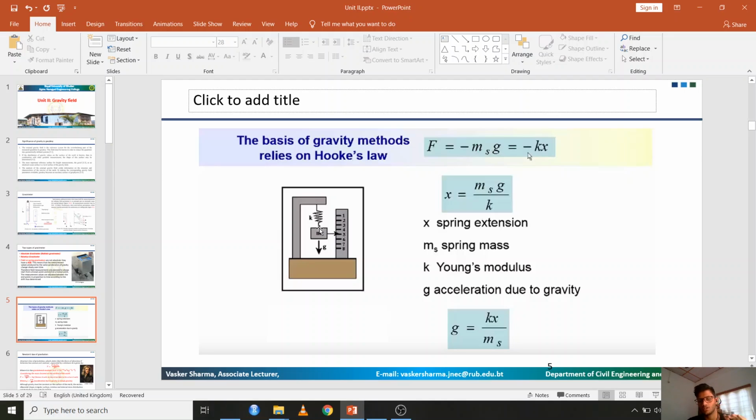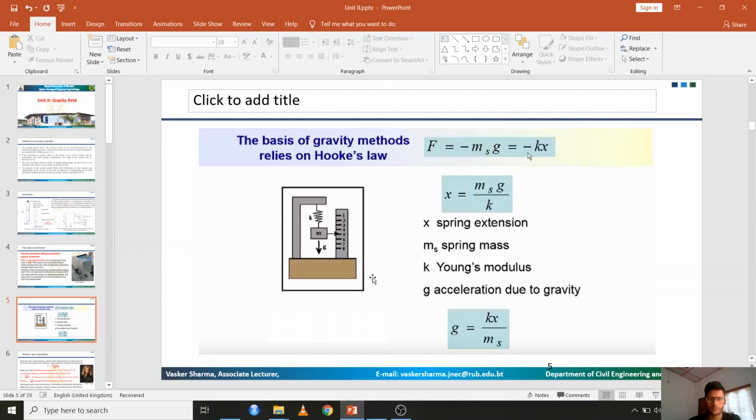So k is known, x is known, and the mass of the spring is known, since it comes with the instrument specification. Relying on these three terms, we get the acceleration due to gravity. This is how we measure it with the help of the instrument.